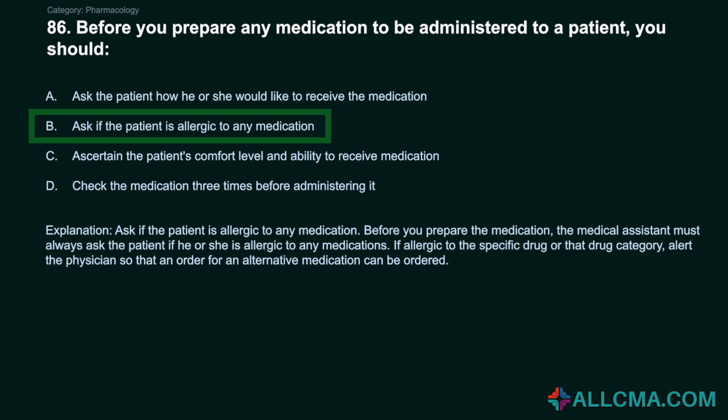Before you prepare the medication, the medical assistant must always ask the patient if he or she is allergic to any medications. If allergic to the specific drug or that drug category, alert the physician so that an order for an alternative medication can be ordered.